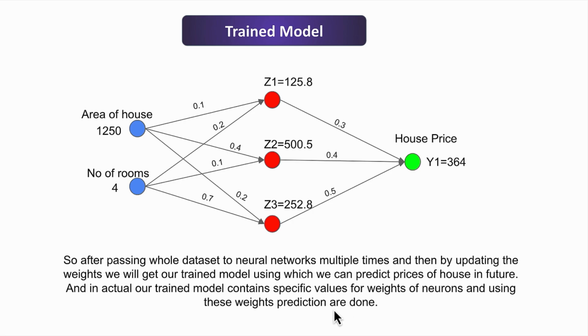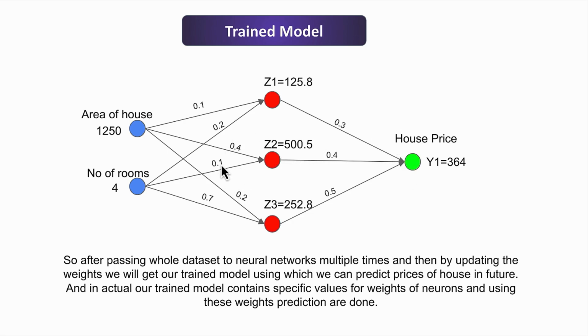So when we say that we have trained our model using deep learning or a neural network, we actually mean that we have found the correct values for these weights, and we have found these values by passing input data to the neural network, and after that updating the weights by comparing the predicted and actual value.